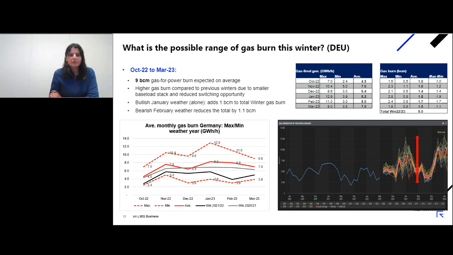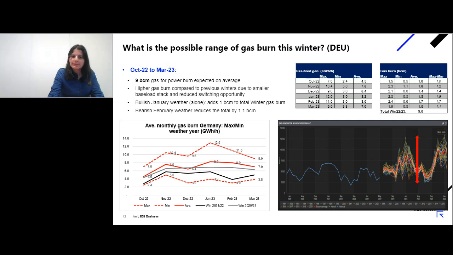Or conversely, if you had strong wind speeds and relatively mild weather in February, you could end up having 1.1 BCM less gas to power demand in Germany only for that 1 month. So it shows that if there's just in 1 or 2 months a deviation from the normal, the sensitivity of the gas burn to that is very strong.